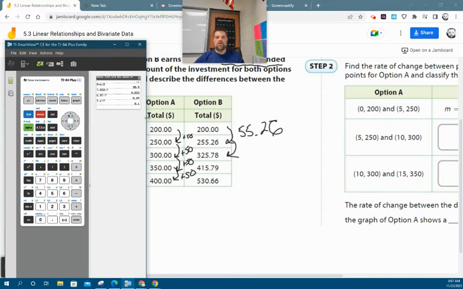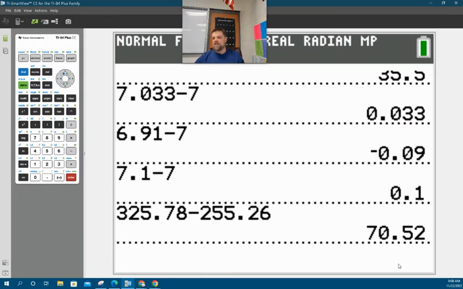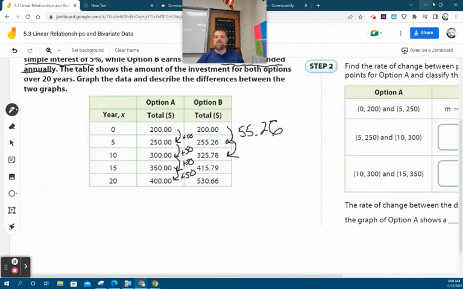So if I go to mode, and I say 325.78 minus 255.26. We add 70.52, so $70.52.